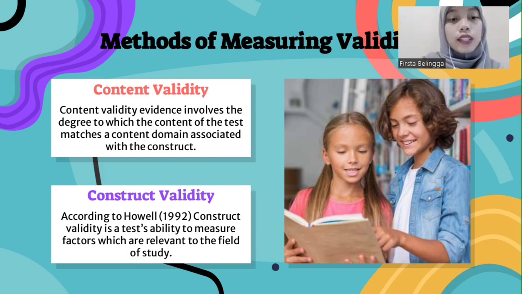And the second one is construct validity. According to Howell 1992, construct validity is a test's ability to measure factors which are relevant to the field of study. And construct validity refers to the extent to which operationalizations of a construct do actually measure what the theory says they do.